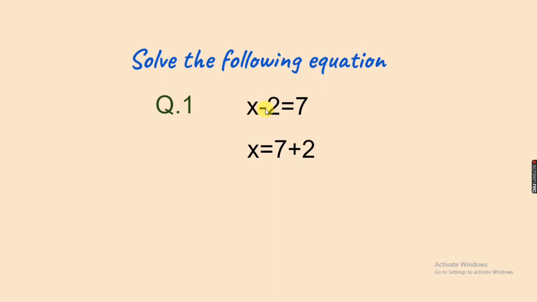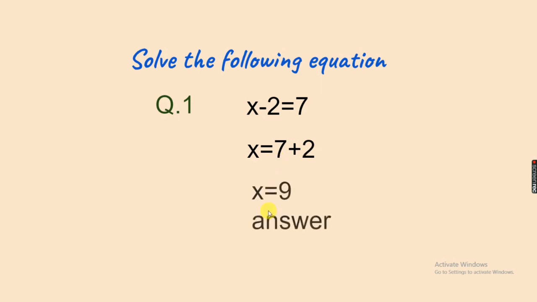If it was in plus sign, then when we shifted it to the other side, it would become minus 2. But now we have x minus 2 is equal to 7. We shifted minus 2 to the other side, so its sign changes. It would become plus 2.